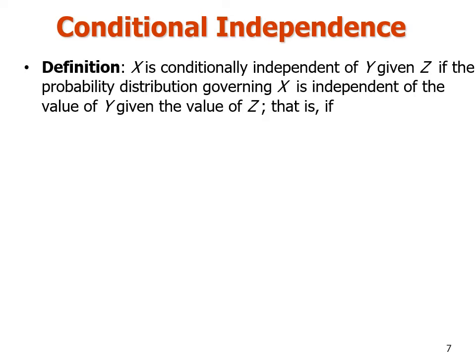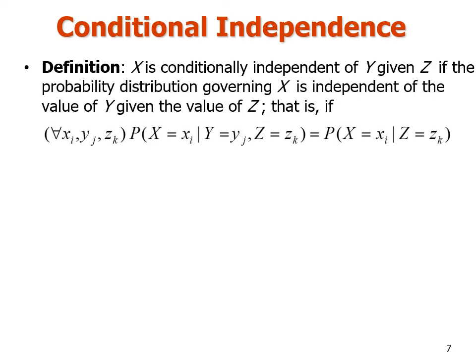If we write it mathematically, we have the expression as shown here. For all xi, yj, zk, probability of x equal to xi given y equal to yj, z equal to zk is equal to probability of x equal to xi given z equal to zk.